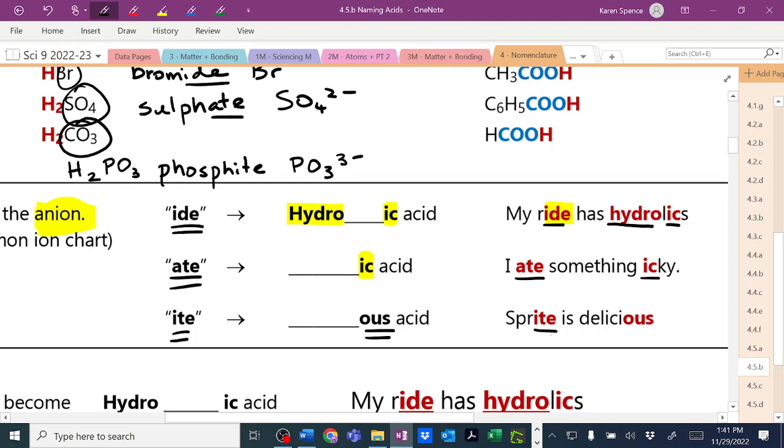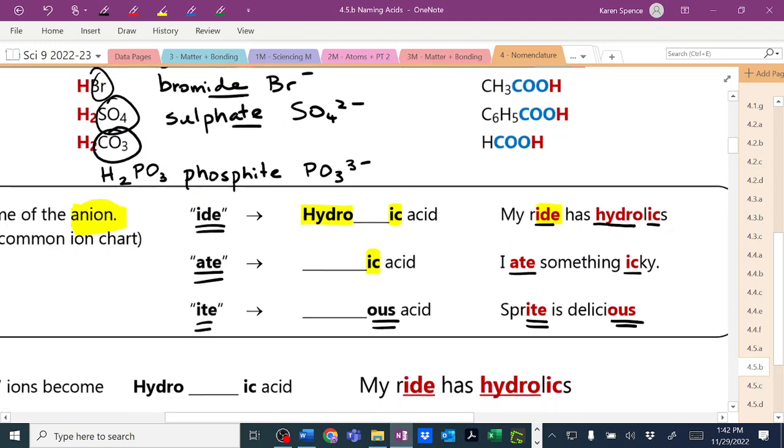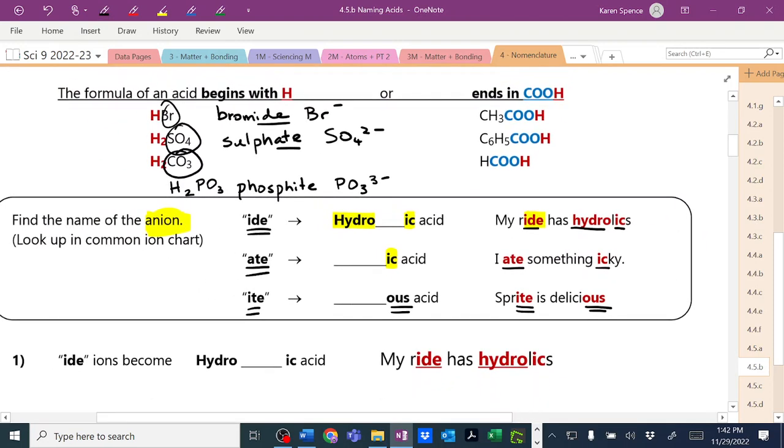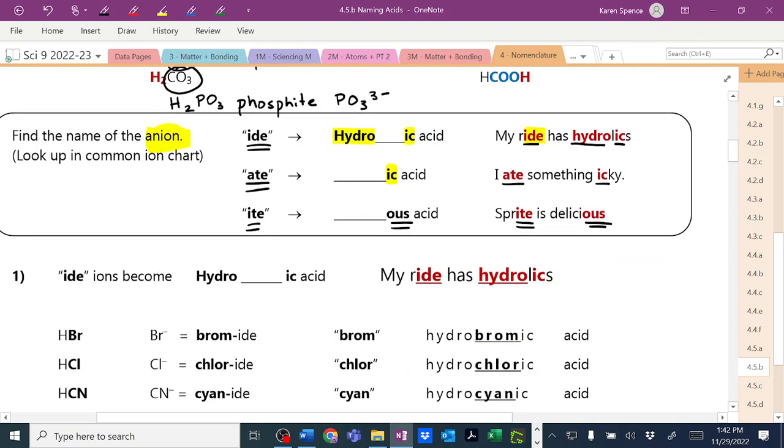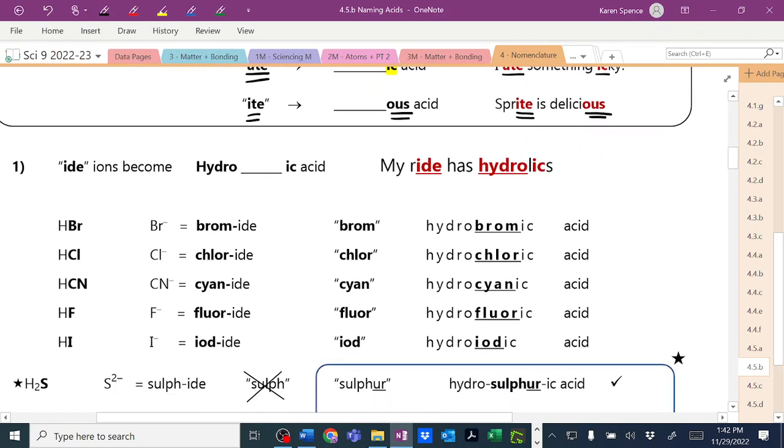So my Sprite is delicious. Okay? Yeah, everything is icky except for Sprite. Okay? And if there's only like 2 elements, you need to put the hydro on the beginning. Okay? So let's take a look at some examples of each of these.